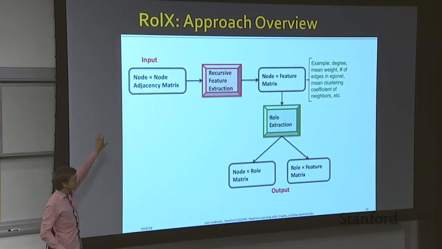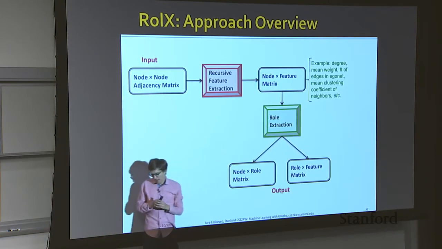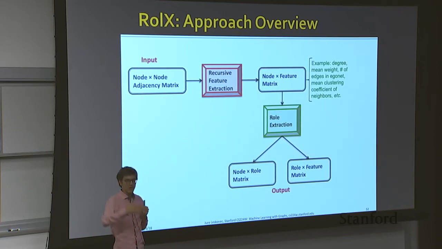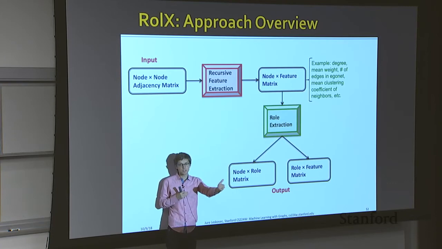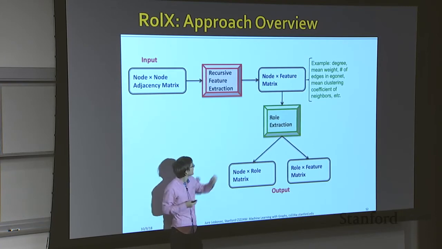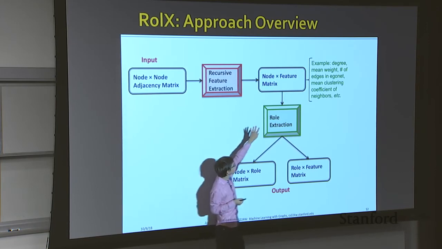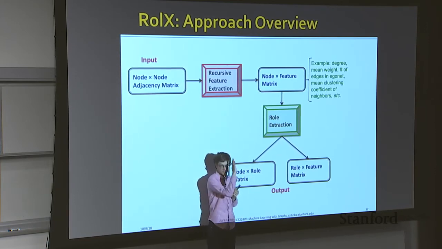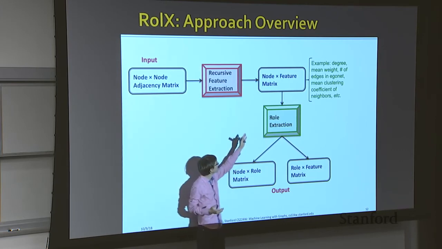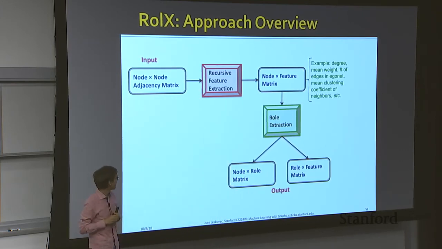On the input we will get a network, the adjacency matrix, and in the first step we will create a kind of descriptor for every node. And this descriptor will be created recursively. I will show you how. After those descriptors are created, we will have a different matrix where the number of rows will be the number of nodes and the number of columns will be the number of features that are part of the descriptor of every node.